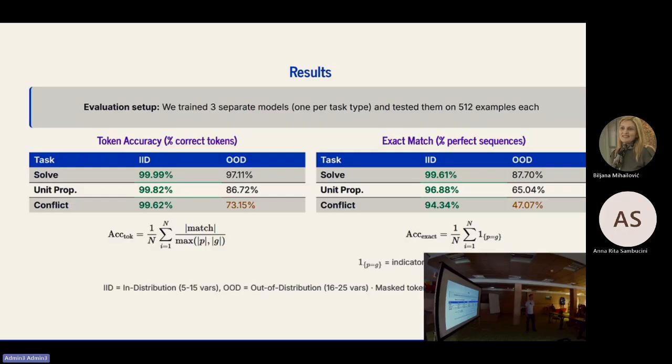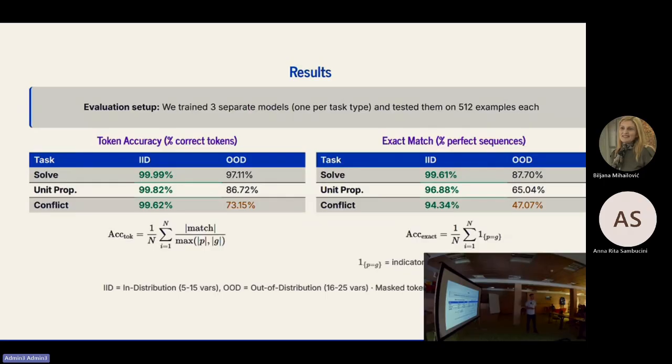My second question is, you might have mentioned it, and I apologize if you did, but these three tasks: solving, conflict, unit propagation. Solving means whether it's solvable or not. Conflict is what you've shown, and the solve is basically the main loop.